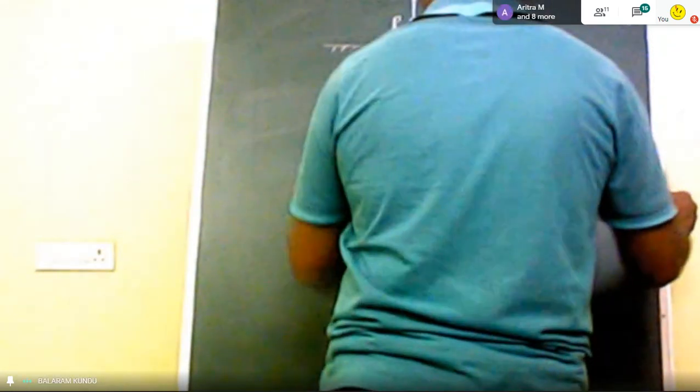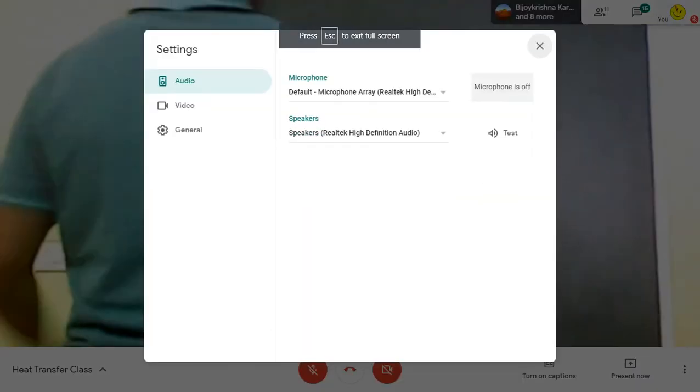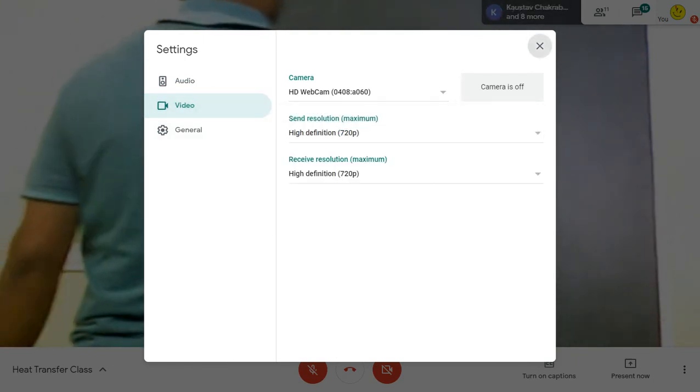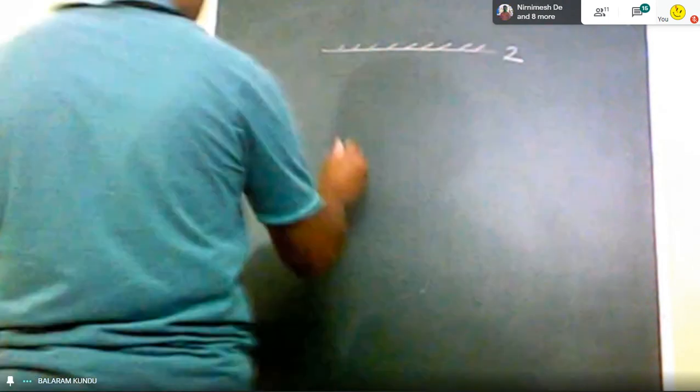Just consider two surfaces, that is surface 2, and at the bottom another surface is there.